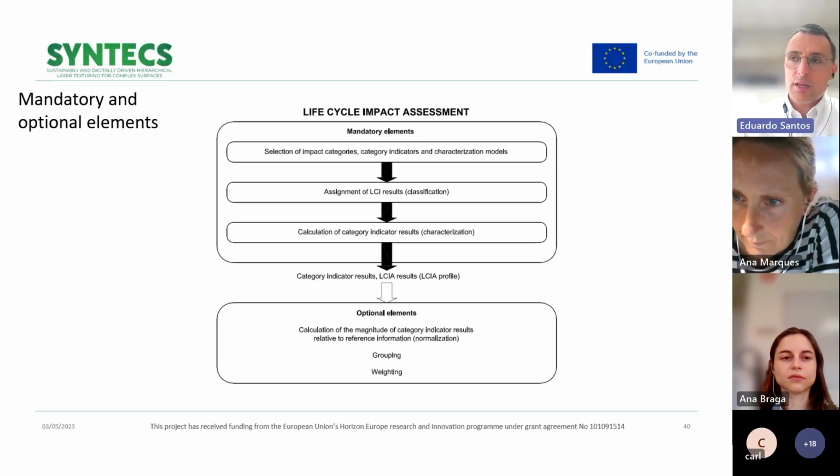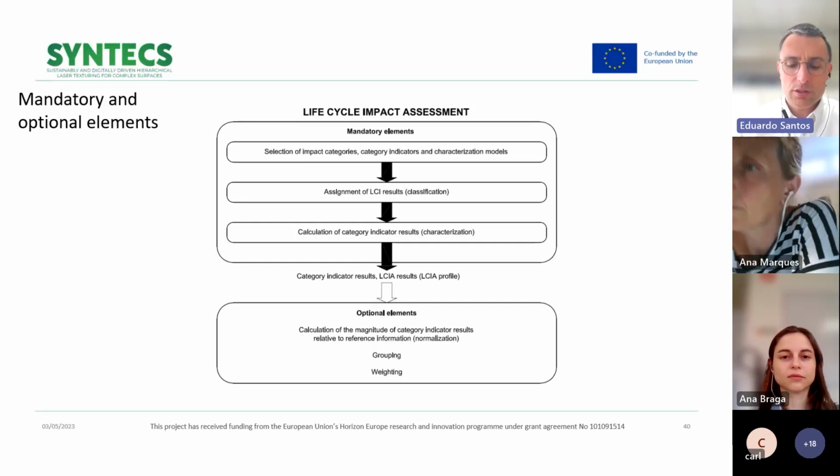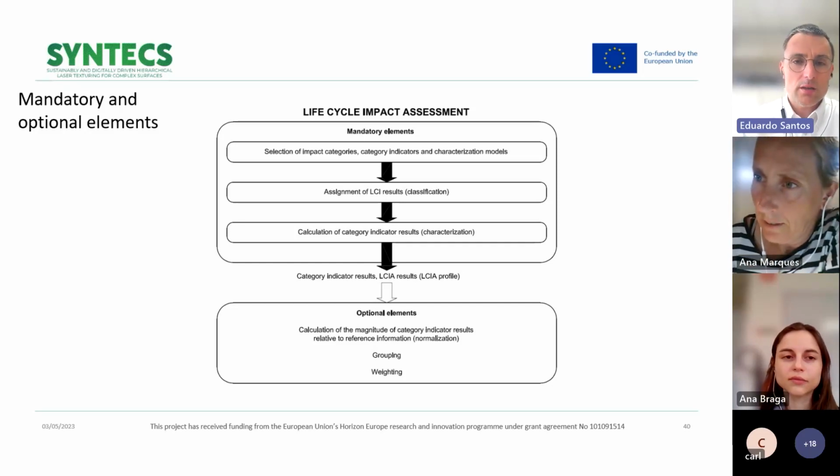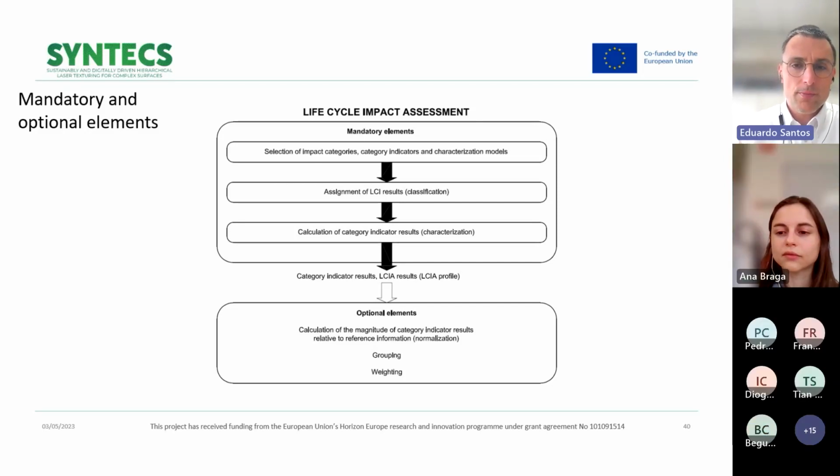So we do the classification by identifying which environmental impact categories those life cycle inventory data can be related to. And then we can do the calculation. We have to do the calculation from the classification to the characterization.